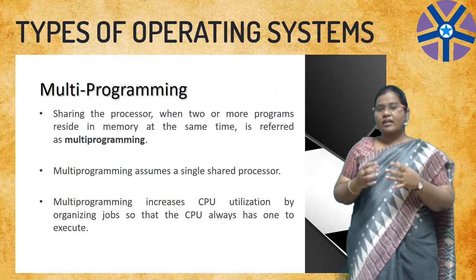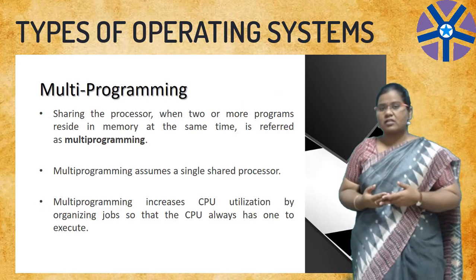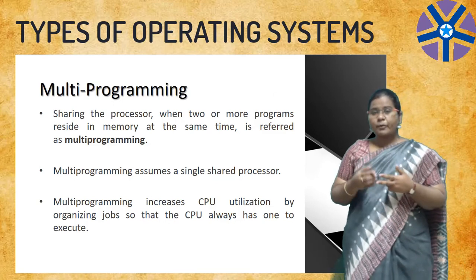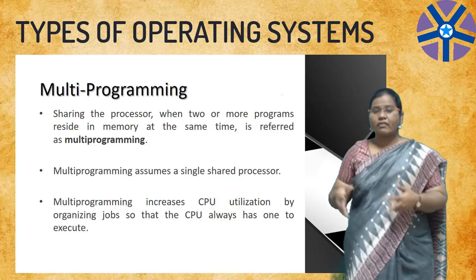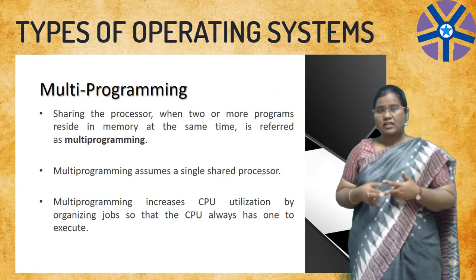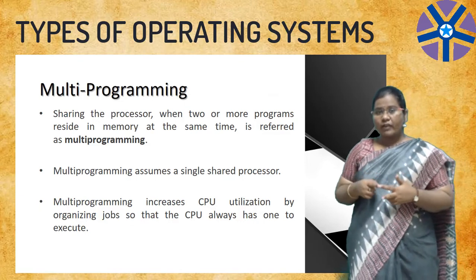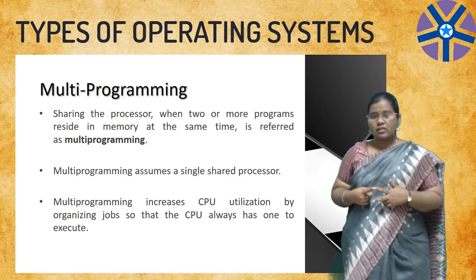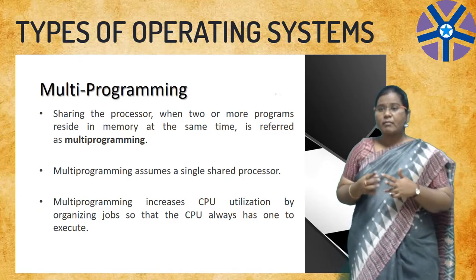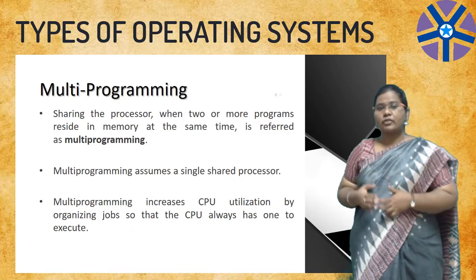So say for example, we have two processes at a time for execution. The process which appeared first will be given the CPU for execution, and the process which appeared next will be residing in the main memory. While process 1 is being executed, it may go out for some resource from the CPU, say for example, to take input.